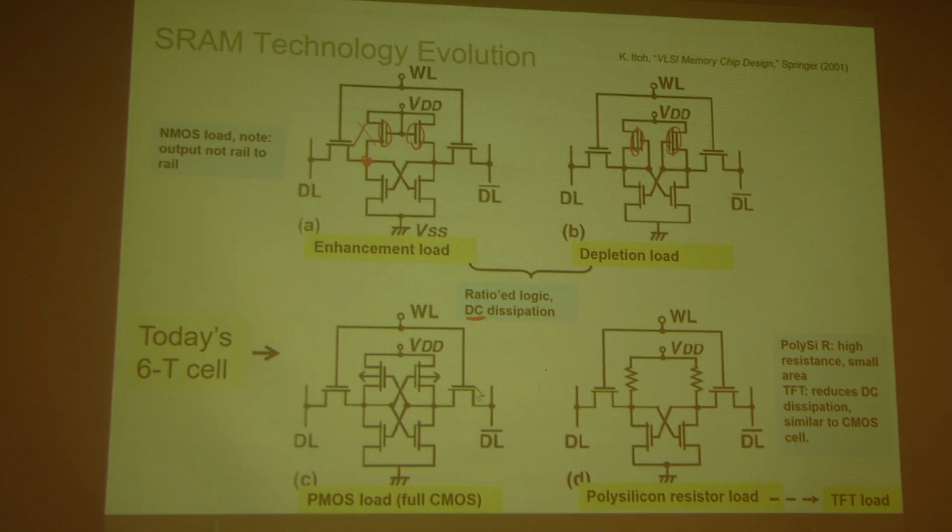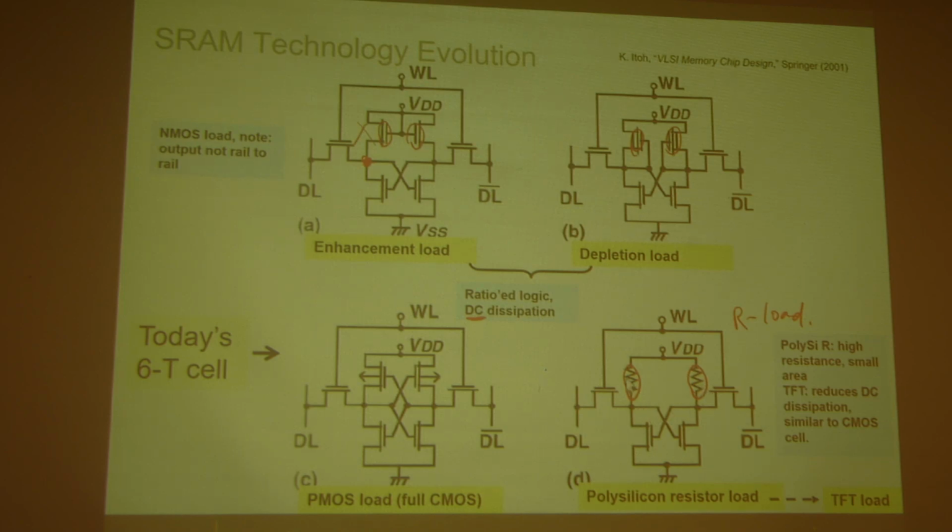So that's why the industry abandoned this. And there are some variants of the 4T design, where you can use a resistor as the load for those two nodes. Then it's the same problem: you don't get full VDD to ground because it's a voltage divider again.